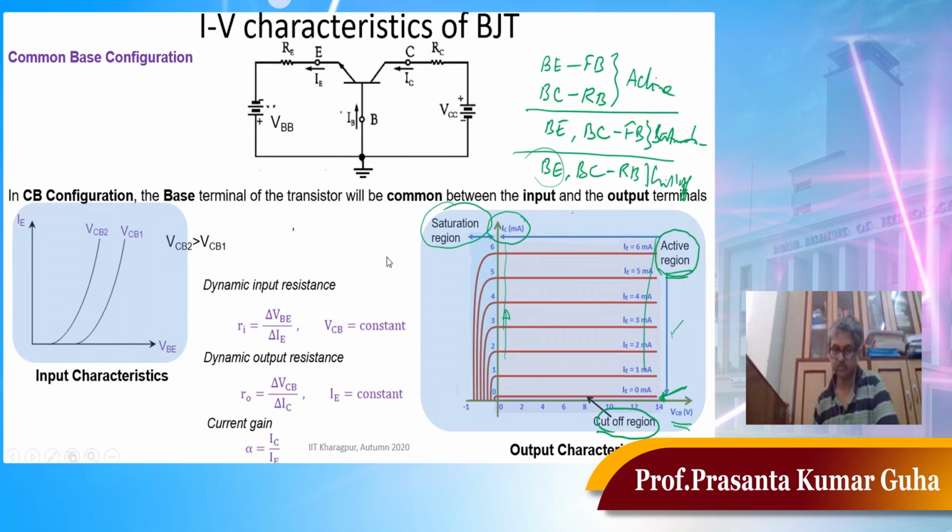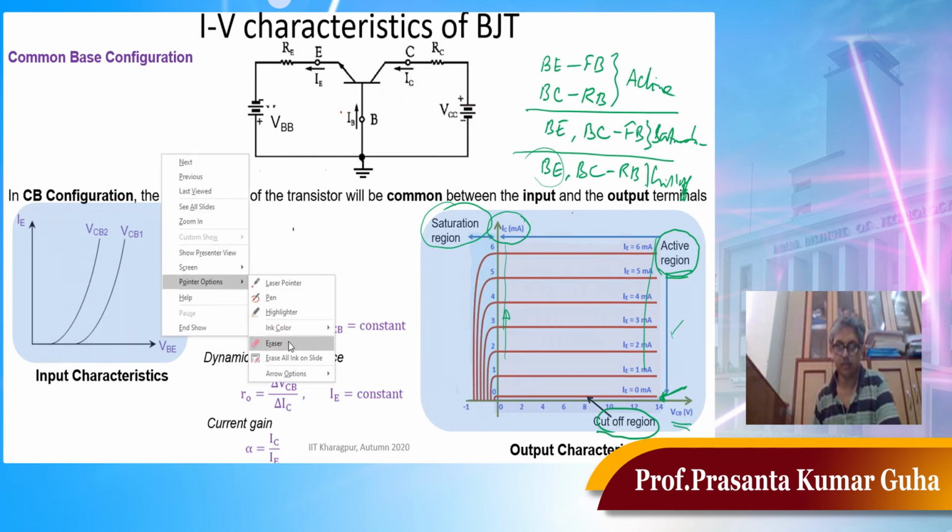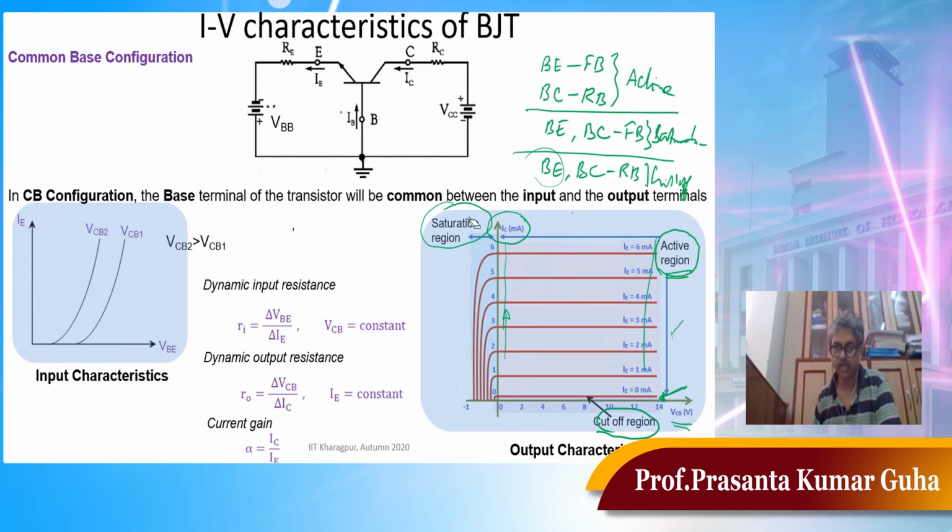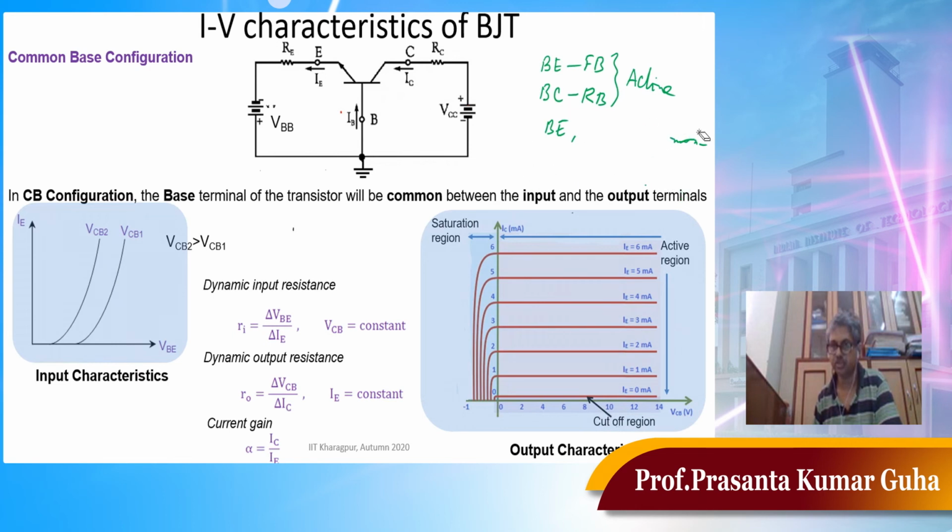Now a couple of points I would like to mention again. You see the collector current is independent of collector base voltage. Okay, that I mentioned to you already, because the collector current depends on the emitter current, right?